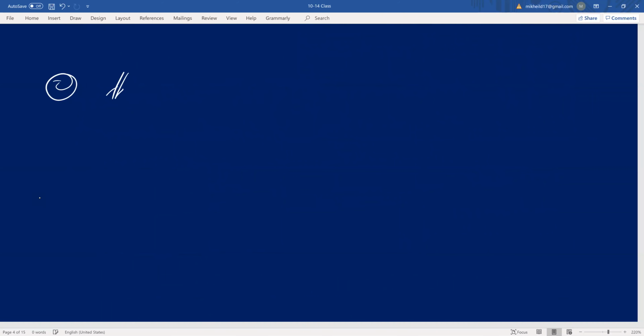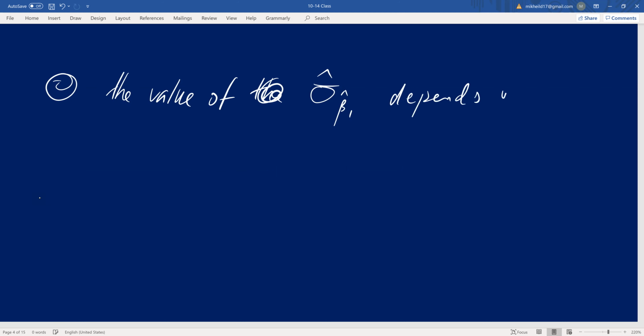The value of sigma hat of beta hat 1 depends on the assumption about the disturbance term.